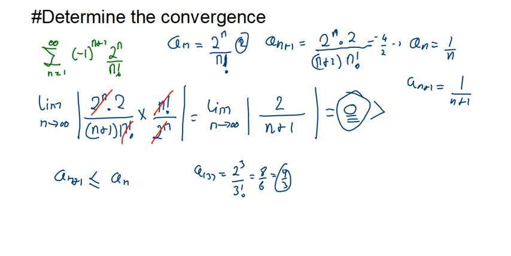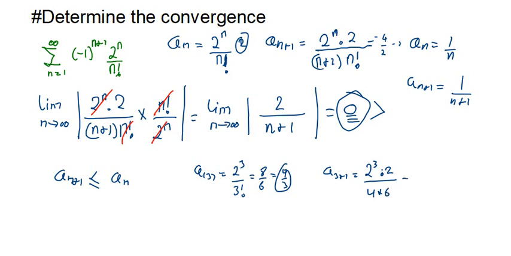Then if I say a sub 3 plus 1, that would be equal to 2 to the third multiplied by 2 divided by 3 plus 1, which gives us a 4, then 3 factorial, that's a 6.